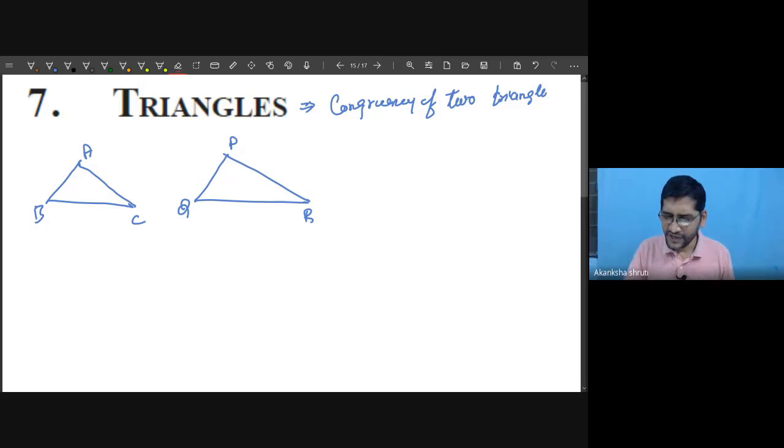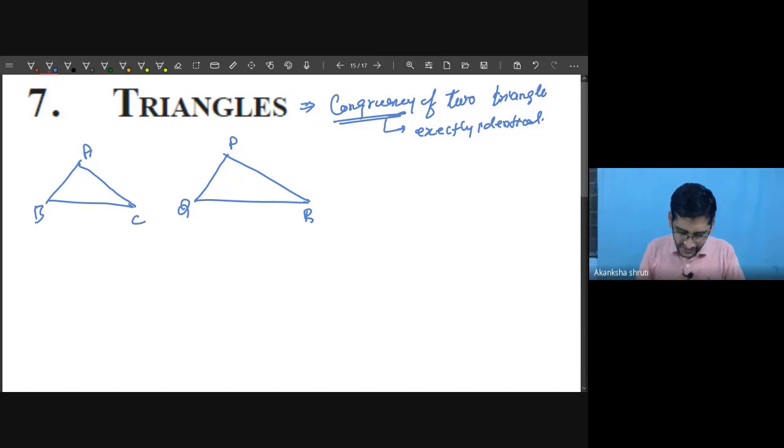That is the meaning of congruency. Congruency simply means exactly identical, so one can hide the other. So what are the conditions? There are certain conditions for these two triangles to be identical.